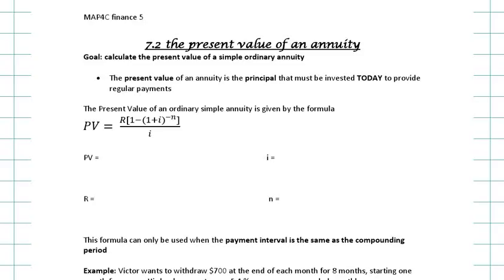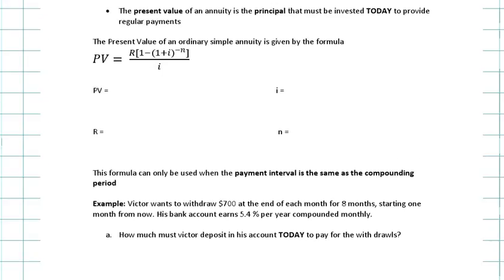Okay? So PV, R, i, and n, they mean exactly the same thing as in our previous lesson. PV is your present value. So let's write this down. This is the present value, or the amount needed today.